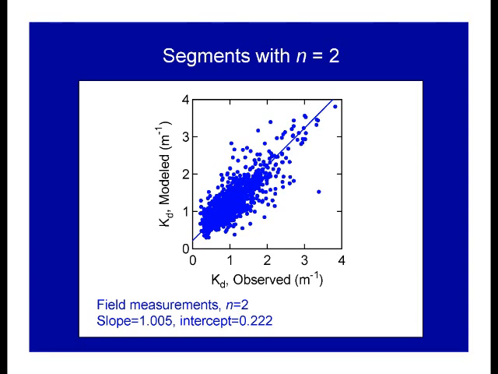But these are data built from having only 2 observations, and here the slope is still 1.005. And this is at a completely different location than where the model is calibrated. So this is a very robust result, and it gives us a lot of confidence in the results.